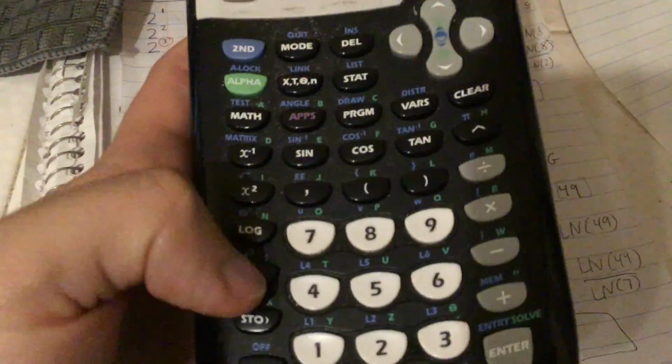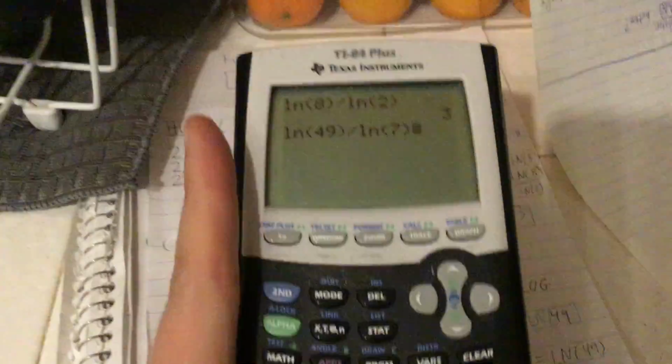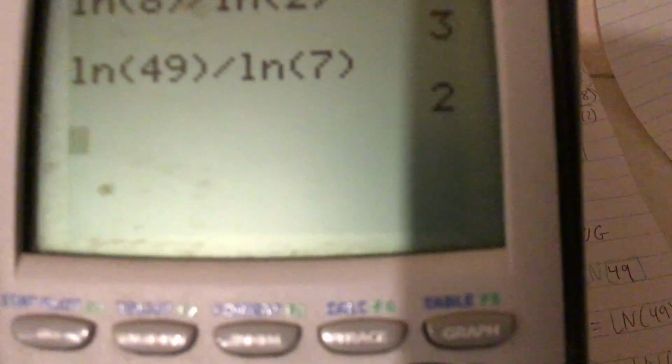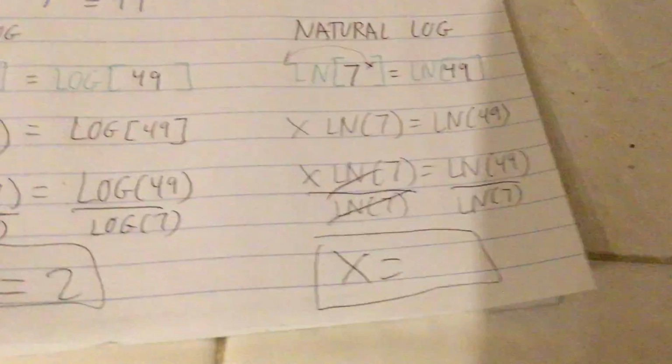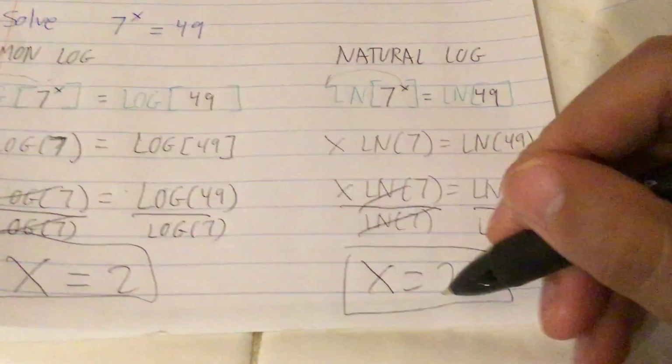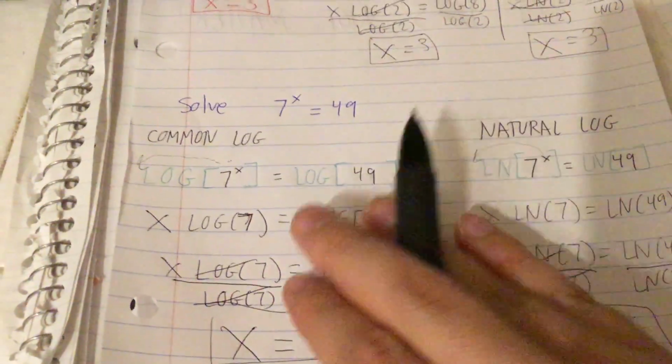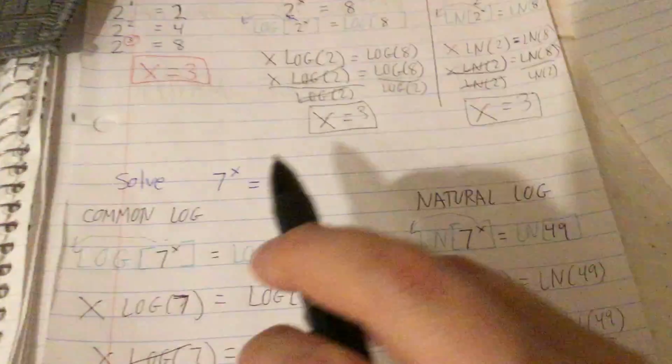If I do the natural log of 49, close the parentheses, divided by the natural log of 7. Naturally, I get 2. So we've proven with both ways, using the common log and using the natural log, that we will get x equals 2 for 7 to the what power is 49.